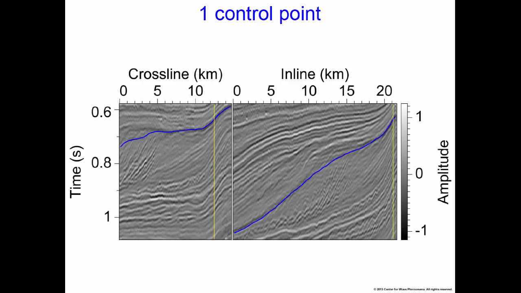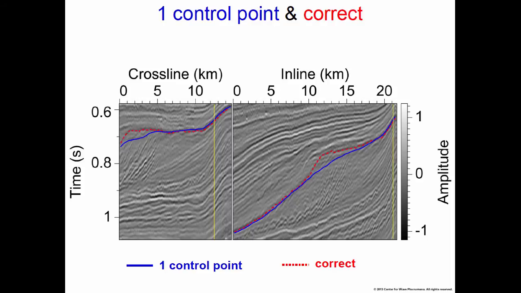Here, I will show you an example. Actually, this is the same example of the sequence boundary extraction I just showed you before. The blue curves here represent the surface we extracted by using one control point. And we have learned that this extracted surface is not good enough in the unconformable areas.